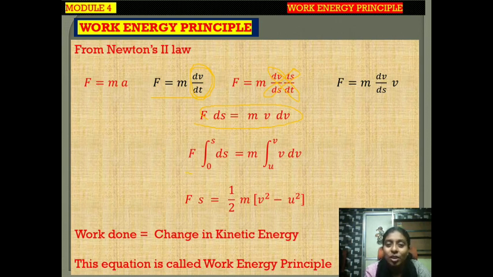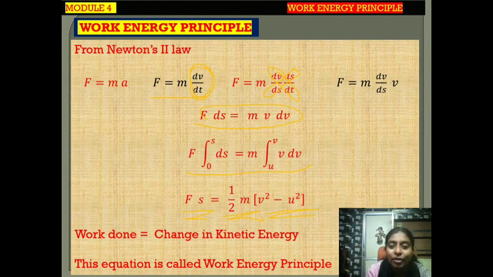So F into the integration of ds from 0 to s is equal to m into the integration of v dv from u to v. The integration of v dv is v square by 2, so we take 1 by 2 outside and get half m into v square minus u square.